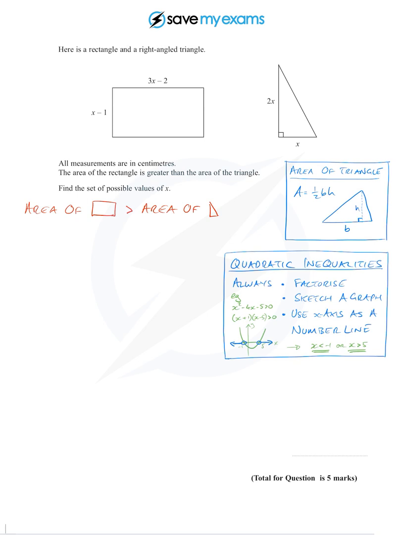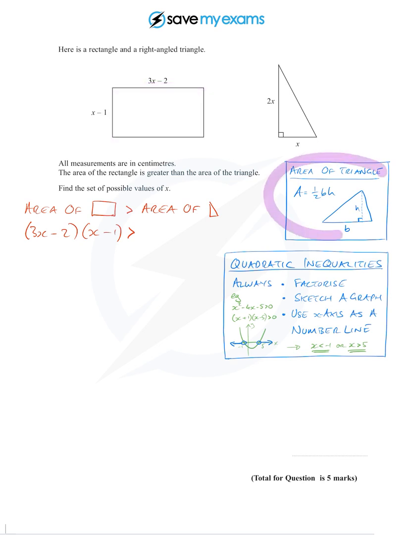I've translated the question into something that looks a bit like maths. Let's make it look more like maths by actually putting the areas in. Okay, so a rectangle is the length times the width. So let's do that. So (3x minus 2) times (x minus 1), that's the area of the rectangle, is bigger than, what's the area of a triangle?